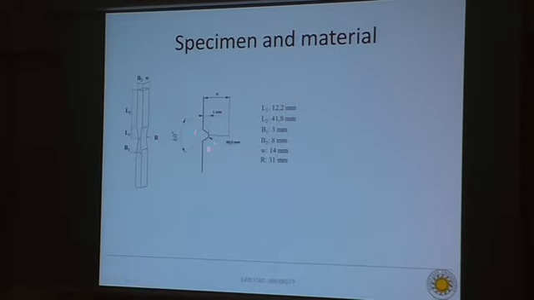And we've also introduced a notch acting as a crack initiator. The depth of the notch is 1 millimeter with a radius of 0.5 millimeter. And with these dimensions, we will have a resonance frequency for this specimen at 20,038 Hz, which is well inside the limits of the ultrasonic fatigue testing.